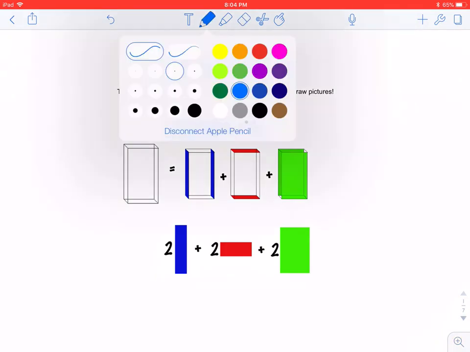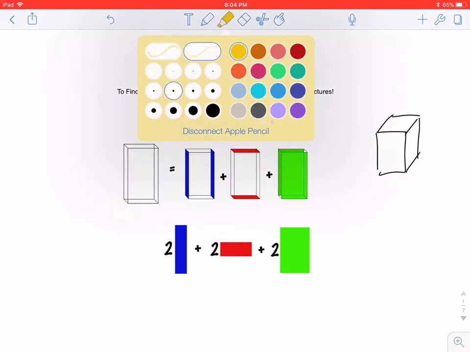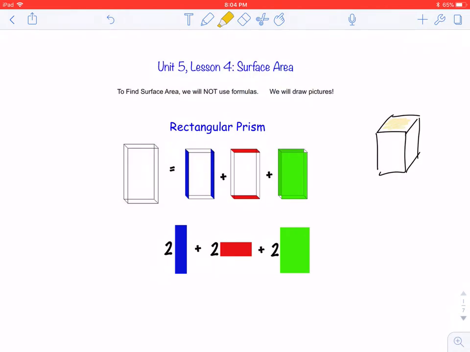When you think of surface area, think of the wrapping paper on a box. If this is the box and you were going to put wrapping paper on the outside, how much paper would you need to encase that entire figure? We talked about cubes.